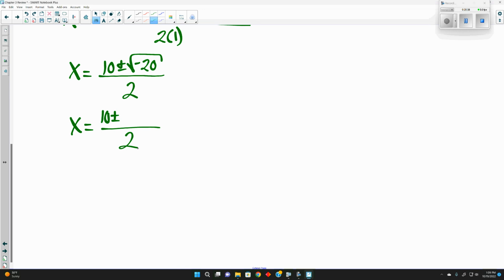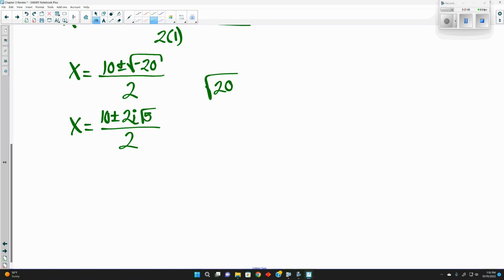What do we know about the negative inside the radical? It's going to come out as i, which leaves us with the square root of 20. We could plug it into the calculator to see what it is. If we plug that in, square root of 20 tells us that it's 2 square root of 5. So we have 2i square root of 5 as our square root of negative 20.